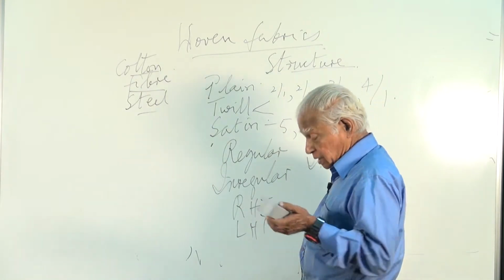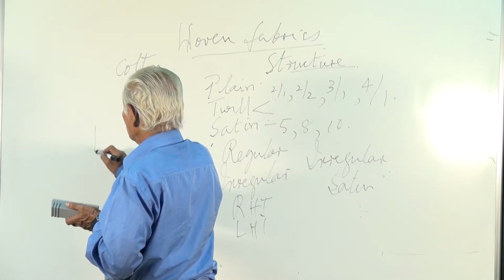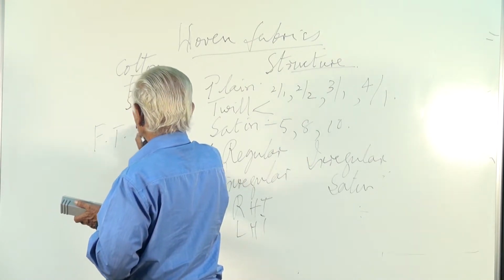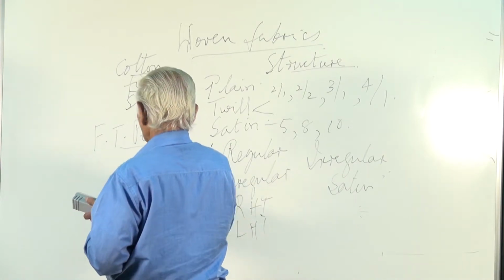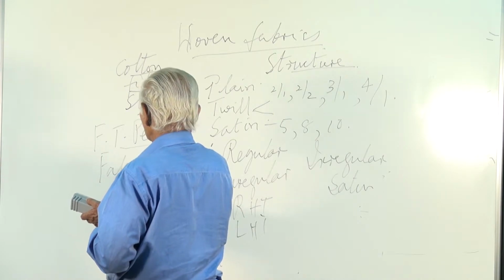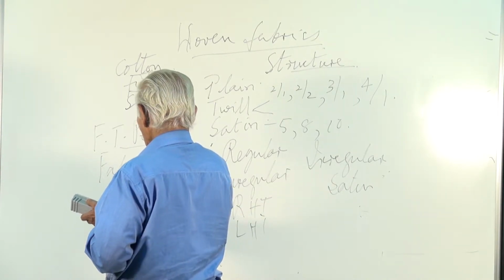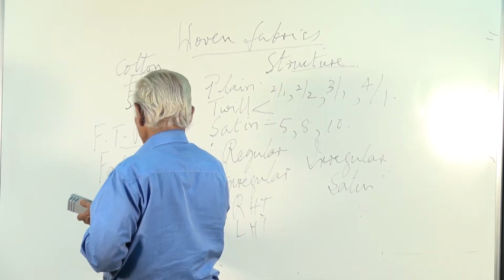And on this fabric structure, a considerable amount of work has been done, and F.T. Pierce was a person who gave us what is called the fabric mechanics, or called geometry.